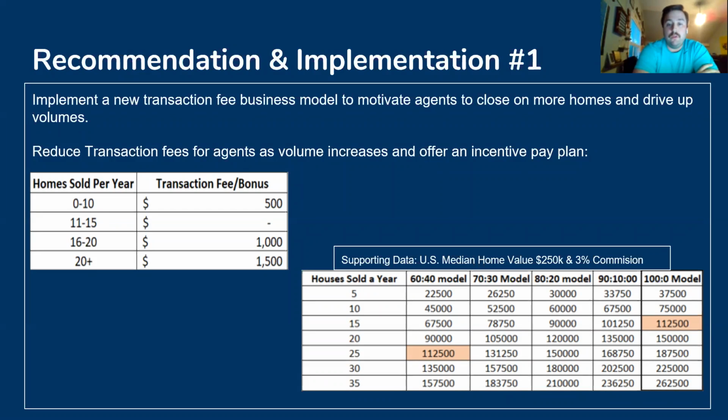Third, and this is where we start incentivizing and combating the complacency, if an agent sells 16 to 20 homes, United Realty will offer a $1,000 bonus for every home sold in that range. And lastly, continuing the bonus structure, if an agent sells 20 plus homes, for every home from 21 on, they will receive a $1,500 bonus from United Realty.